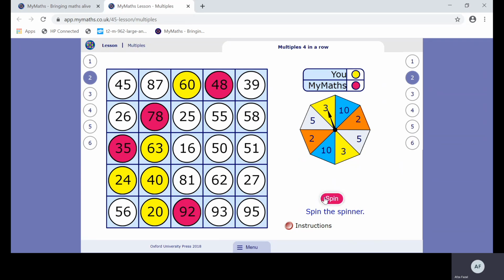Let's see what we can do now. A multiple of 5. So 58 is a multiple of 2.